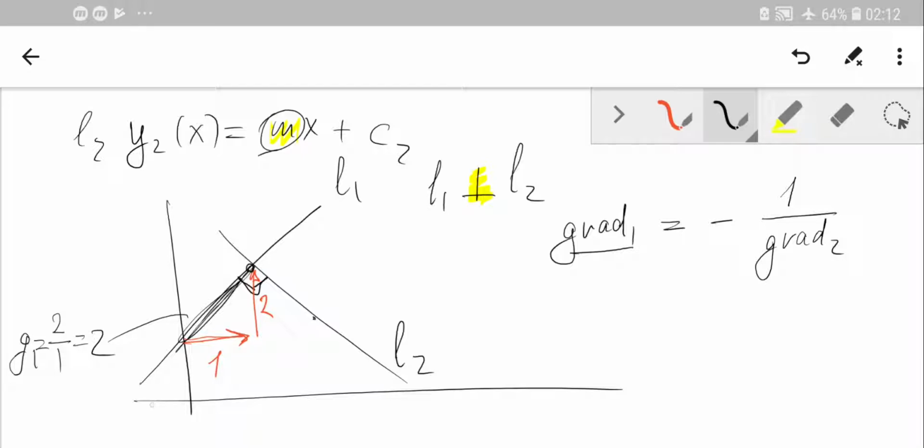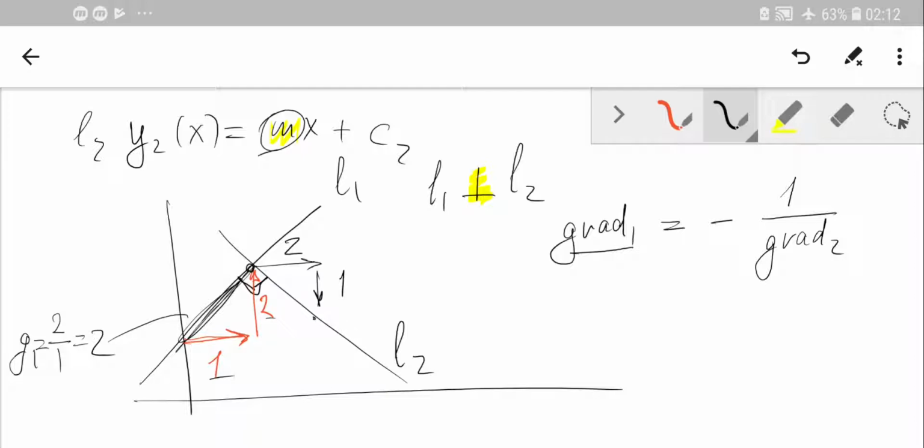In order to define the gradient for line 2, it would be great if we had grid lines, but trust me, if you have 1 step here and 2 steps here, then for line 2 it will be reciprocal, so you'll have 2 steps here and just 1 step down.